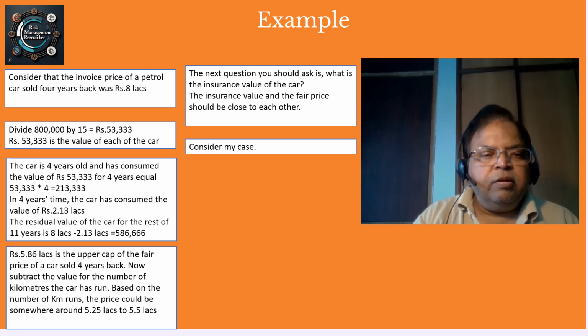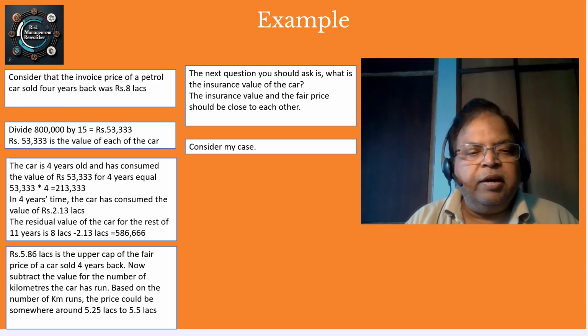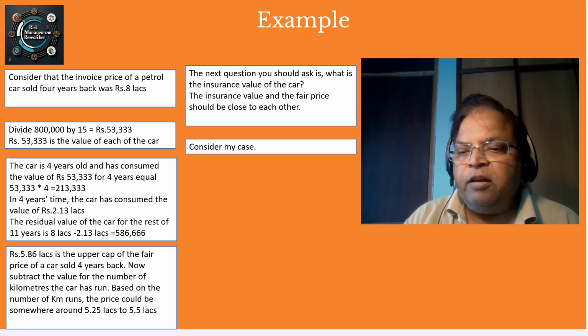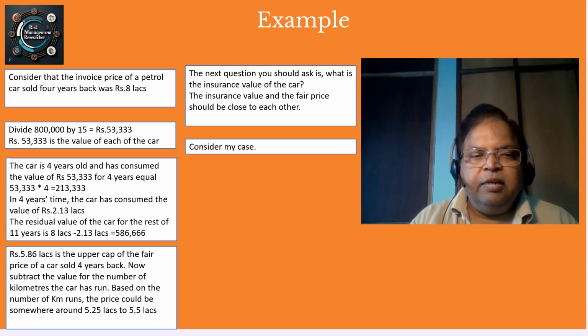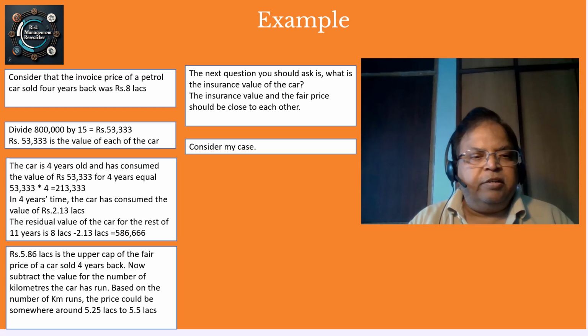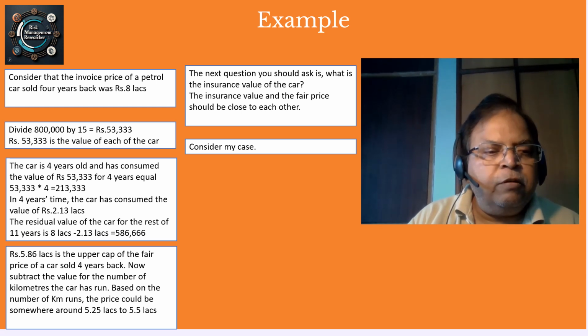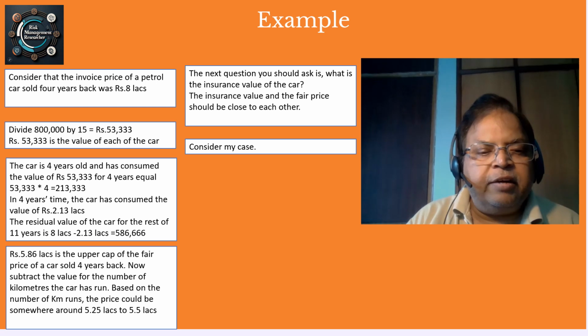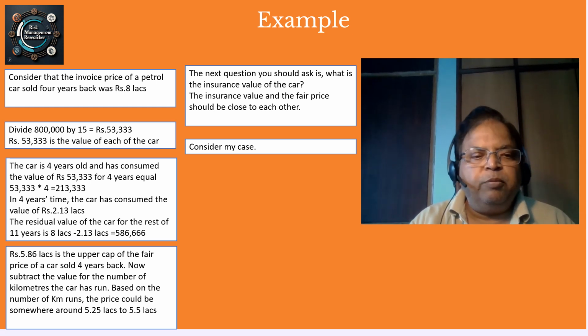Now the price of a car also depends on how many kilometers it has run. The more kilometers the car has run, the lower the price, and the fewer kilometers run, the higher the price. So a fair price of this car would be somewhere around 5.25 lakhs to 5.5 lakhs, depending upon how much it has run.